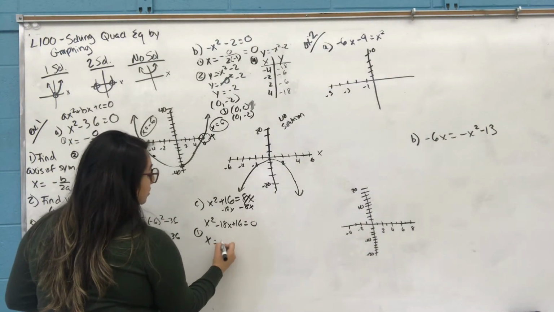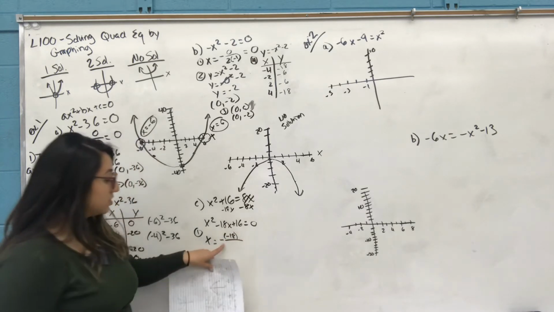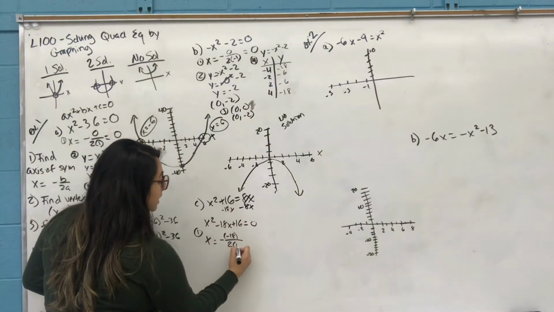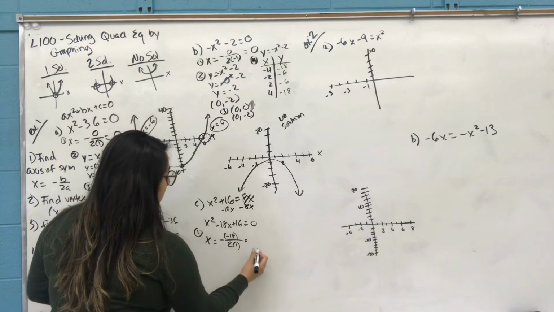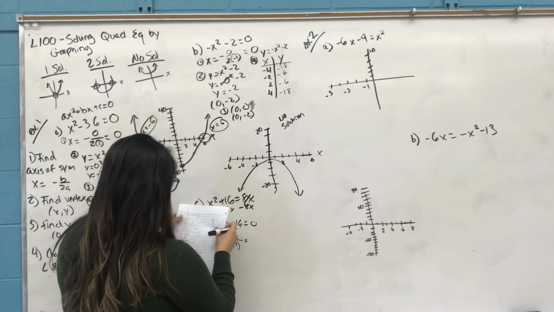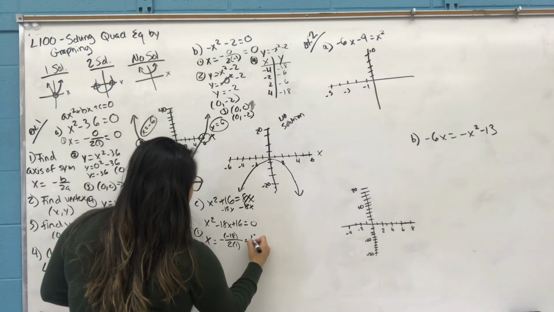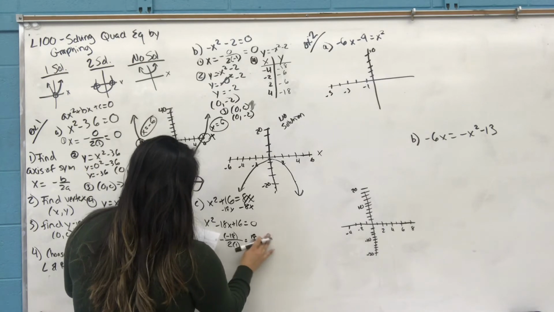Negative b over 2a, negative 18. So remember, you always have the negative sign, but your b now is negative over 2 times a. 2 is just, a is just 1. So you simplify this. X is equal to positive 18 divided by 2, and that is equal to my 9.